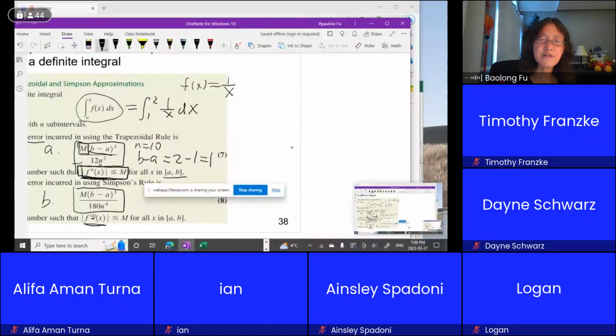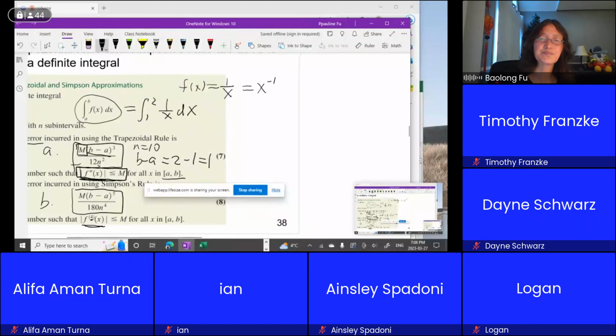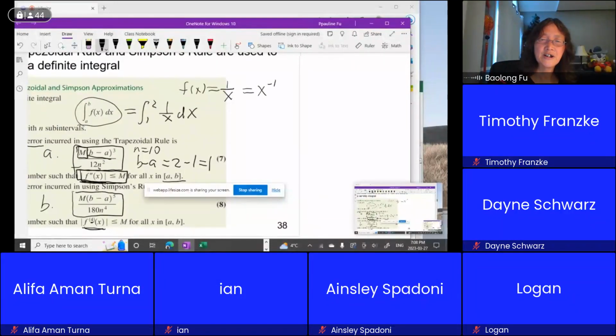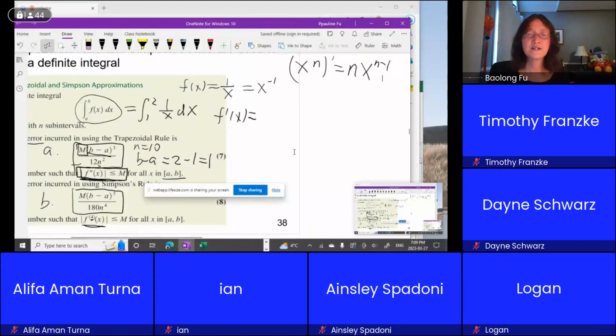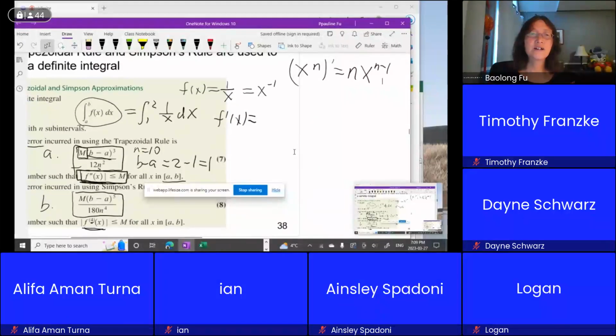To do that, we need the first derivative first. Remember when you have x to the n, the derivative is n times x to the n minus 1.